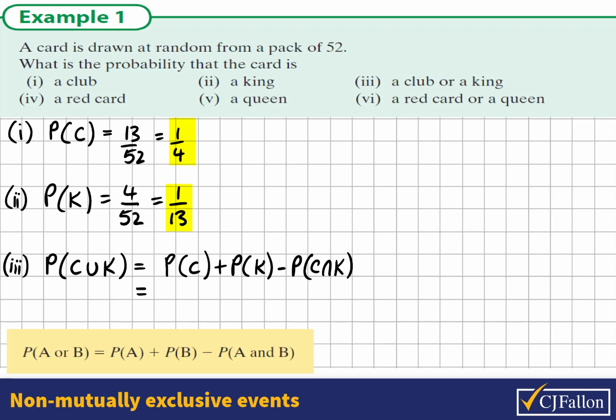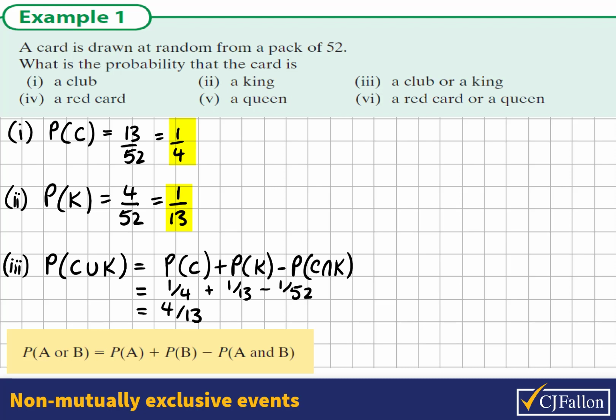But just giving an answer to this: probability of club is 1 in 4, probability of king is 1 in 13. So we take away 1 in 52. And if we stick that into the calculator, we see that the answer is 4 out of every 13. We see that there's 16 different cards in the pack that are either king or club. So that reduces to 4 out of 13.